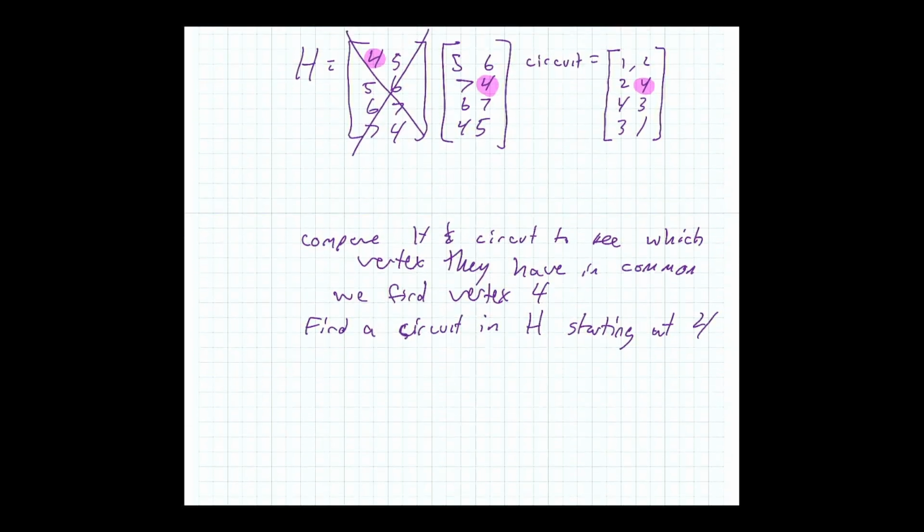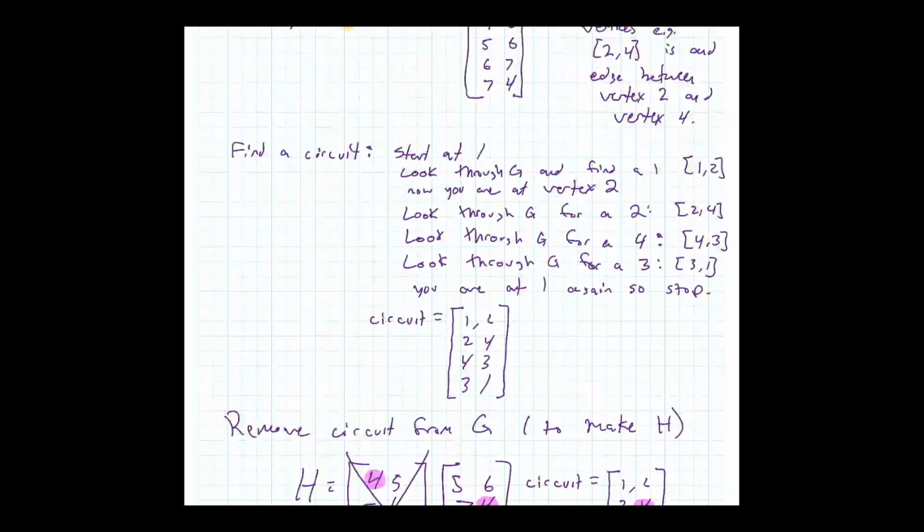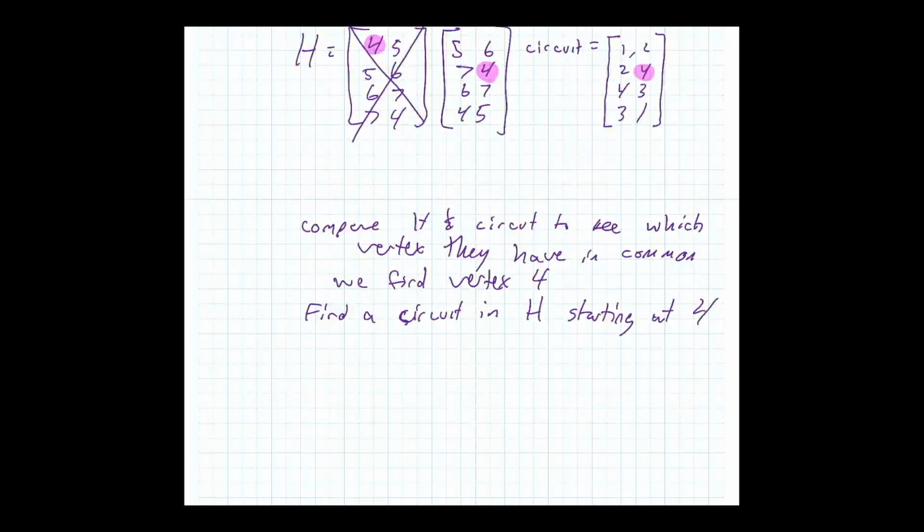Okay, so now, if I say find a circuit in H starting at 4, what you would do is the exact same thing we did here, where you just keep looking through the graph and you find edges. So we look through H for a 4. What do we find?